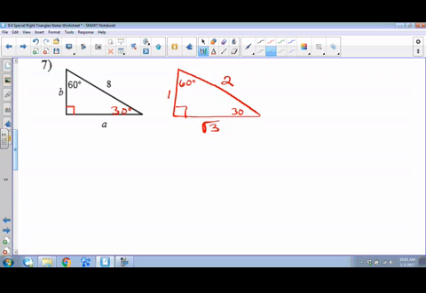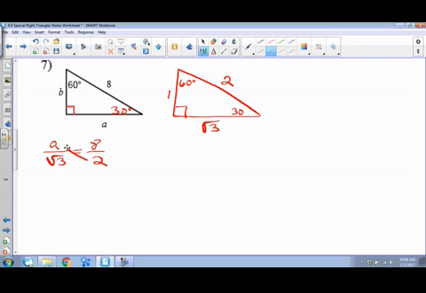The 2 corresponding pieces that we know in these 2 are both of the hypotenuse, right? We know 8 and 2. So that's what we're going to use to set up those proportions. So let's solve for A. So it's A over what? Square root of 3 equals what over what? 8 over 2.